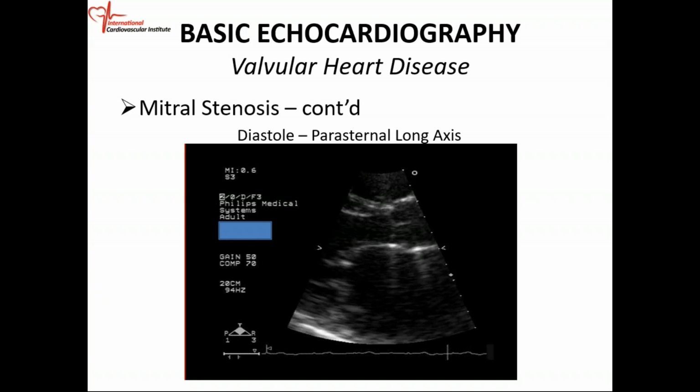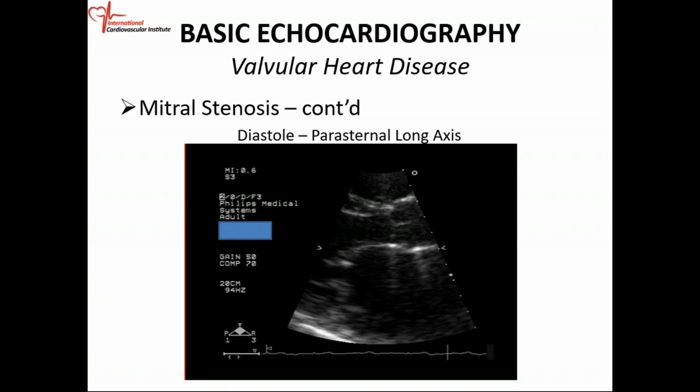So if you look at the anterior leaflet of the mitral valve, it's thickened, okay? And there's an archistic appearance of the anterior mitral leaflet. So it has this archistic appearance, and of course it's going to be thickened. Most of the calcification is going to be at the tip.